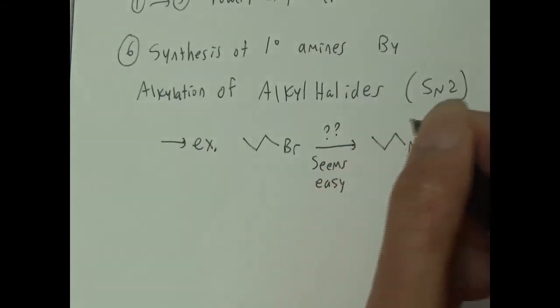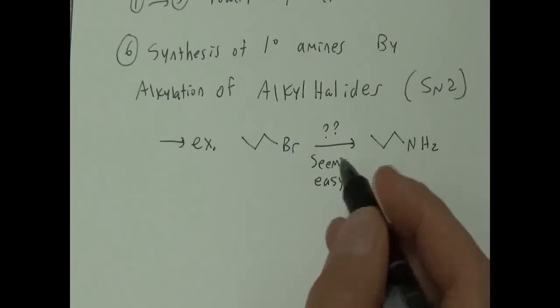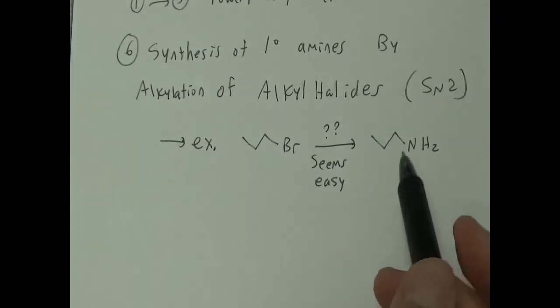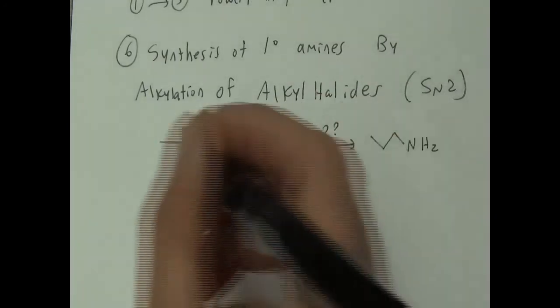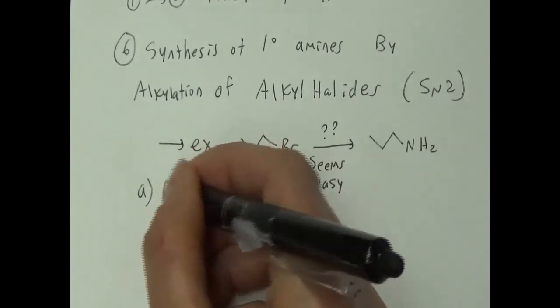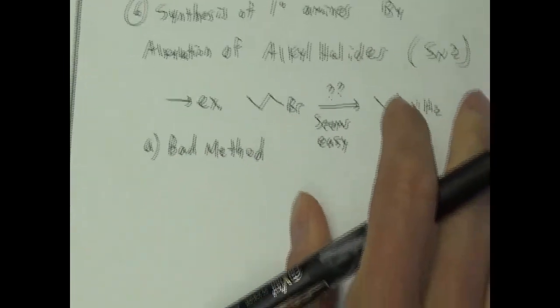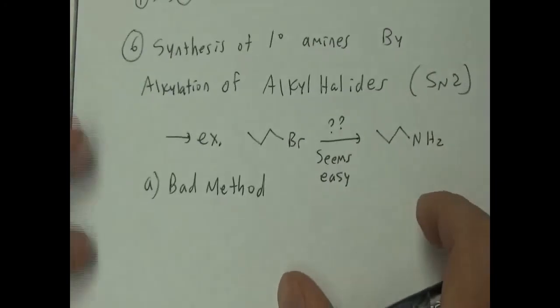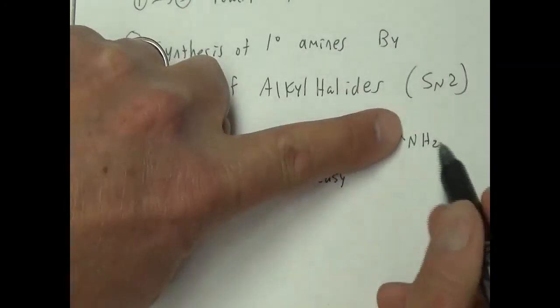But there's going to be a little bit of complication, and the question is what nucleophile to use. So I'm going to show a bad method, then I'm going to show a good method. There are two good methods. So first the bad method. The bad method seems totally logical also. The most logical method would be, oh yeah, just use NH3 to do this, all right?